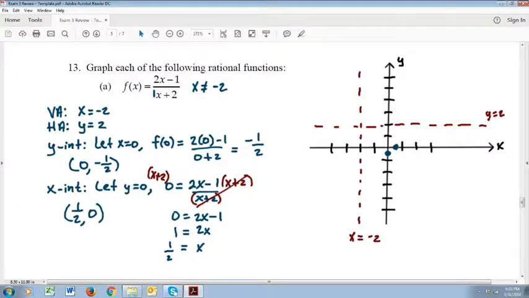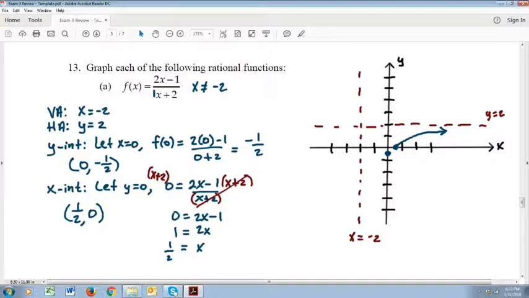So notice with these 2 points, we know that the end behavior, I should say the intercepts basically tell us what the graph's going to look like on the ends. So if you draw it, you can see that the way that these 2 points are, the graph is going to go up, or it's going to approach the horizontal asymptote to the right.